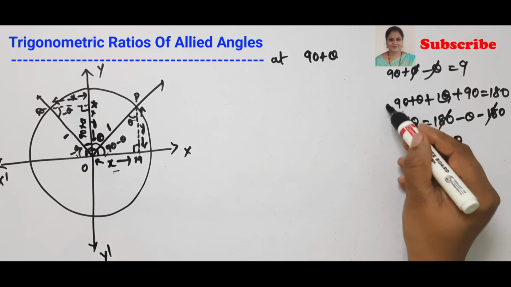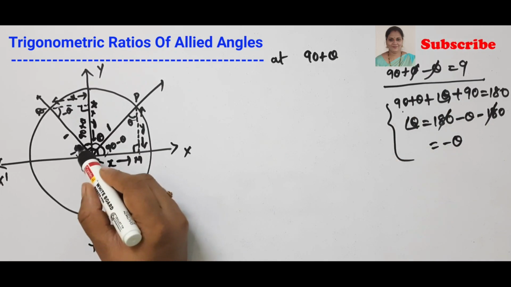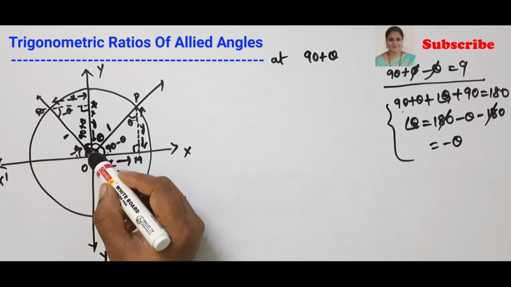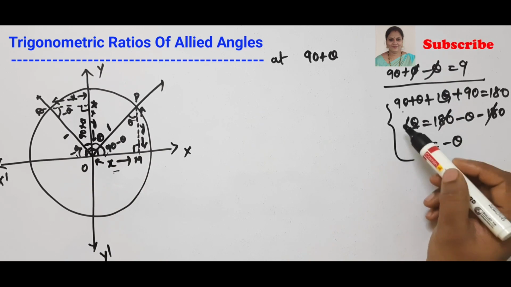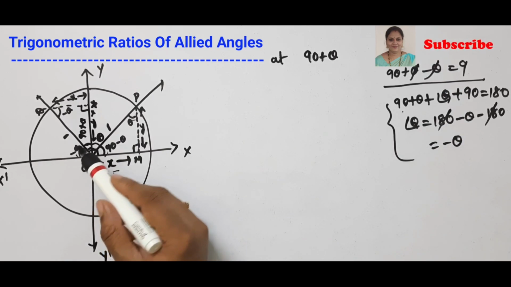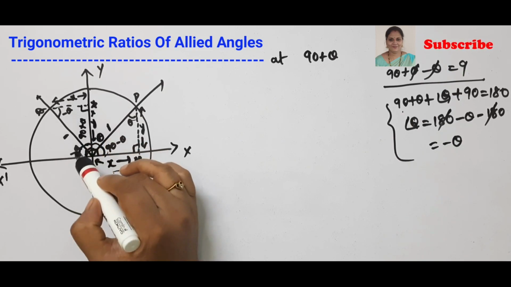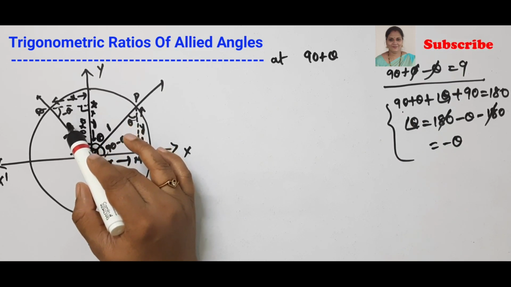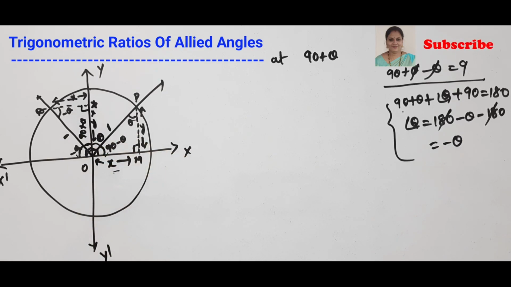In this way also you can do it. Okay, that is your wish, which method you want to follow. I feel this is better, so I have used this one. We got the three angles. Now we can easily calculate the trigonometric ratios.